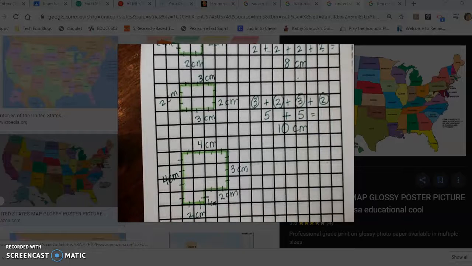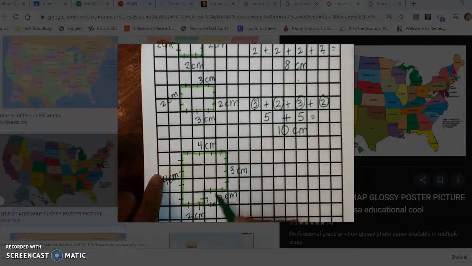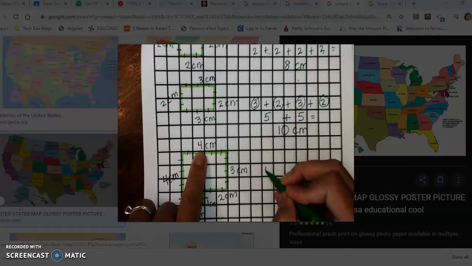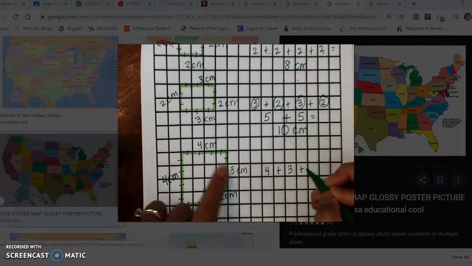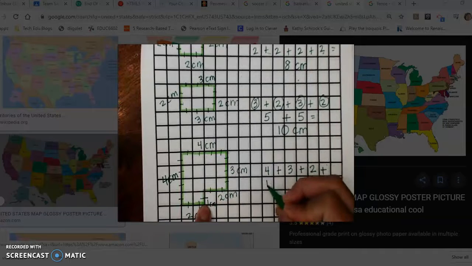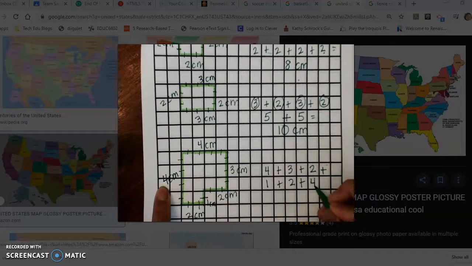Now, if you thought this was a really long equation, look at this one. We're going to add up every single side that we see here. So all these numbers we're going to add together, starting with 4 plus 3 plus 2 plus 1 plus 2 plus 4.